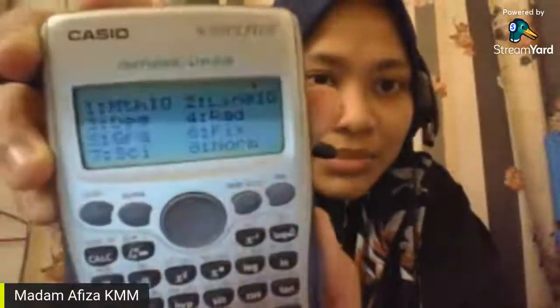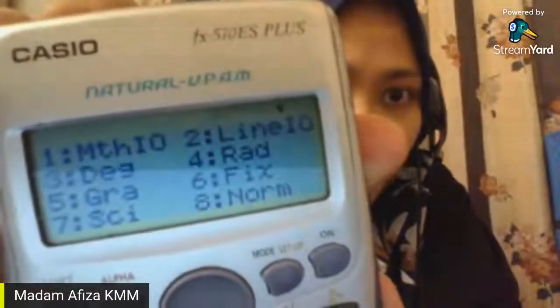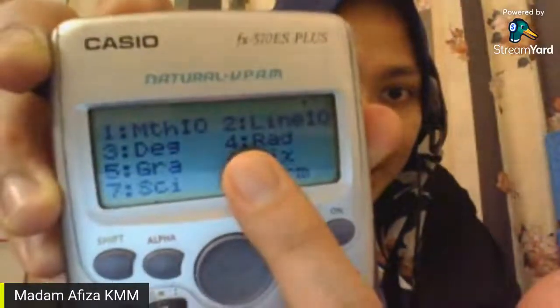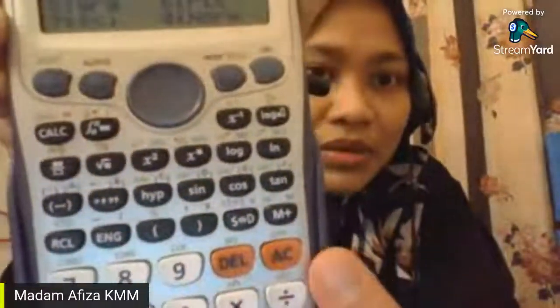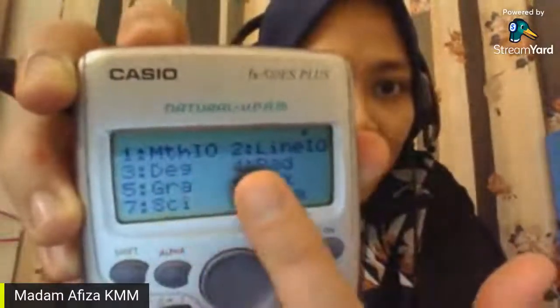Akan keluar list begini. Ada banyak yang keluar. Jadi awak pilih number 4. Okay. Press number 4 dekat sini so that you get your calculator in radian mode.